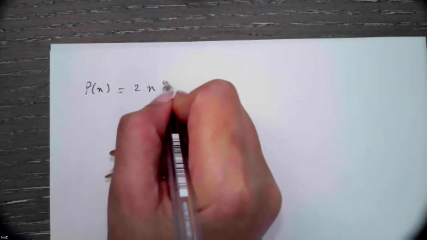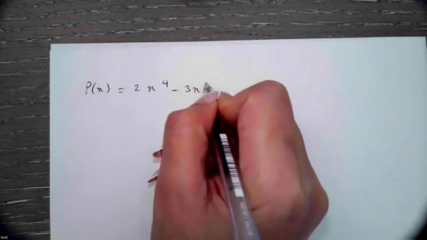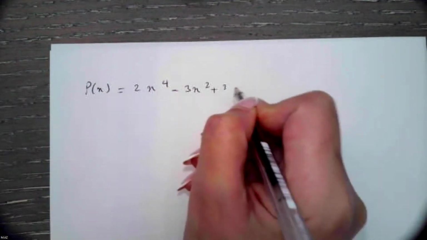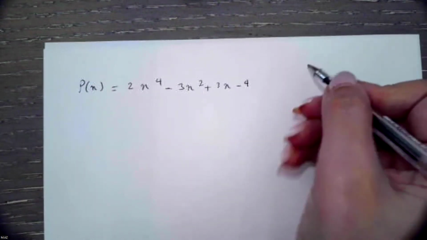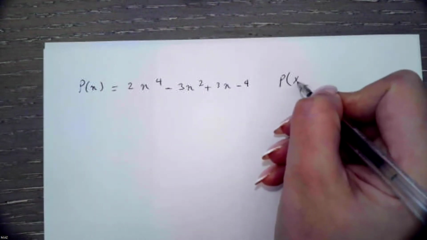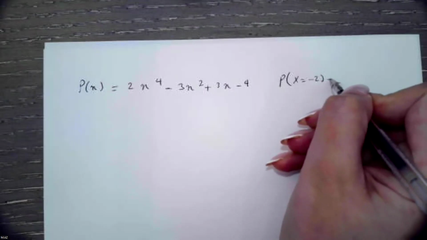For applying Horner's method, let me write the equation. We have this polynomial function, 2x^4, 3x^2, 3x minus 4. We should find the value of this polynomial function at minus 2.